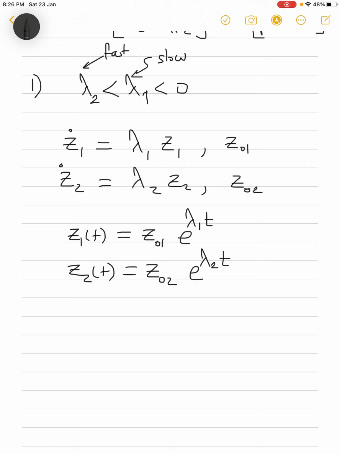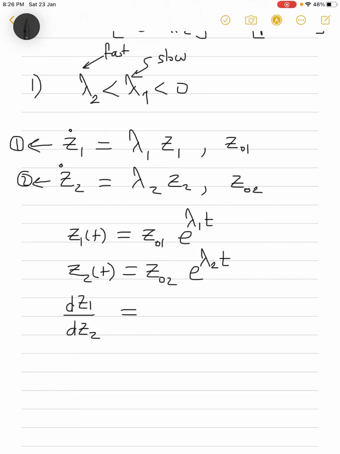which means a two-dimensional space with the horizontal axis z1 and the vertical axis z2, we could rewrite the differential equations differently. We could write dz1 over dz2, by direct division of the first equation and the second equation.